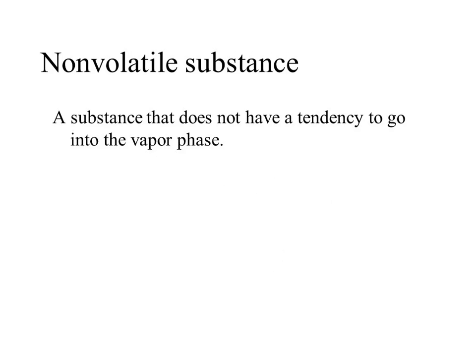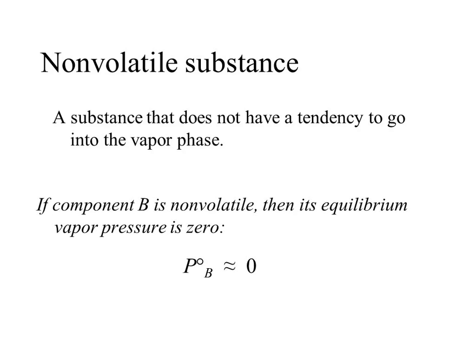By definition, something is non-volatile if it will not tend to go from a liquid to a vapor. Okay? Or will not tend to go into the vapor phase, I should say.